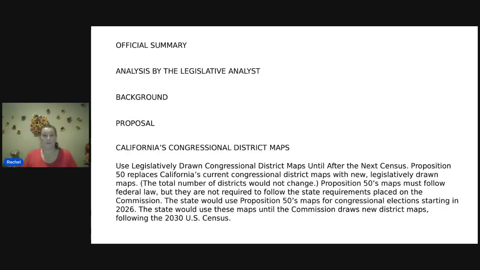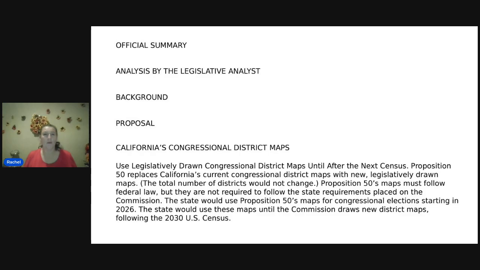So, use legislatively drawn congressional district maps until after the next census. Proposition 50 replaces California's current congressional district maps with new legislatively drawn maps. So they're going to reject the commission and go with the legislature.